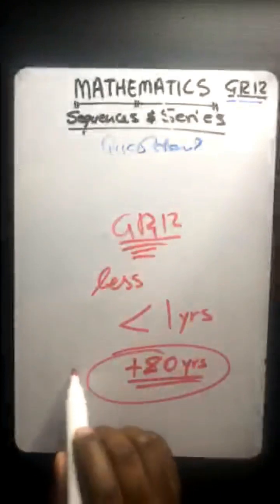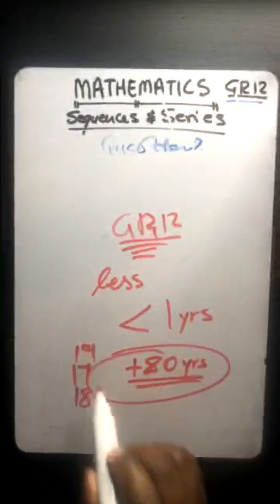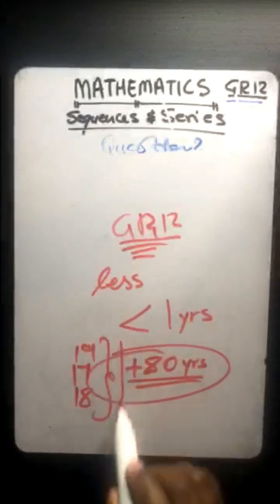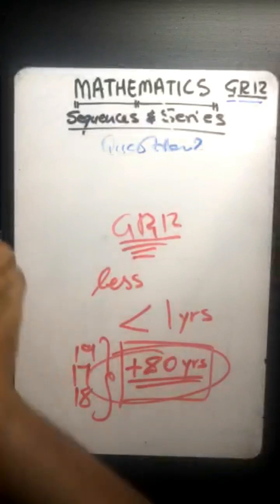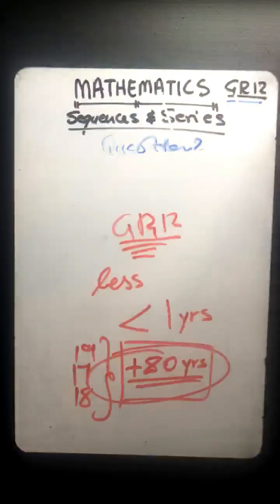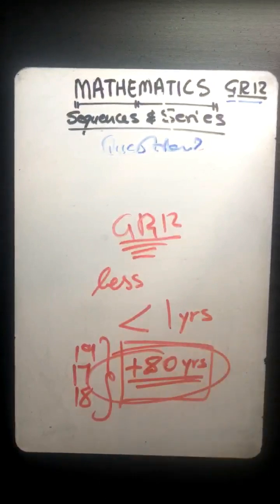If you are in grade 12 and you are either 17, 18, 19, whatever, that means you still have 80 or more years to live. And you only have less than a year to prepare for those many years. So in short, you no longer have time. Whatever time that you have, you need to make sure that you focus on your studies.